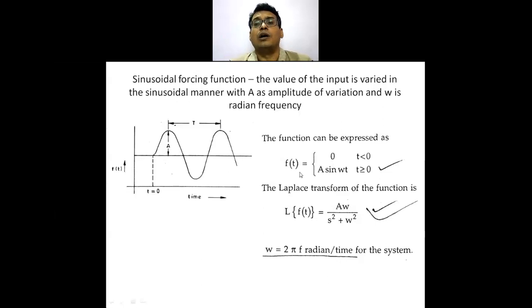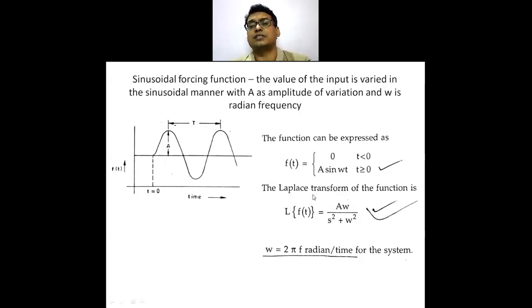Now, let us see that it follows the sine wave. So this function is A sine omega t, where A is the amplitude and omega is the radian frequency. This is applicable for time t equal to 0 and time t greater than 0.